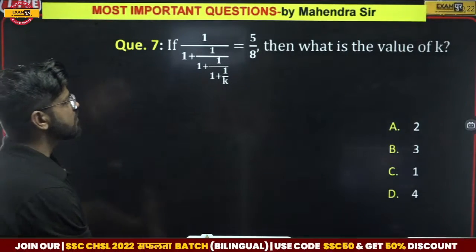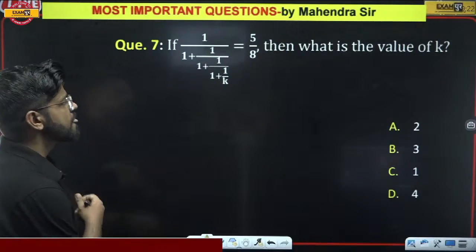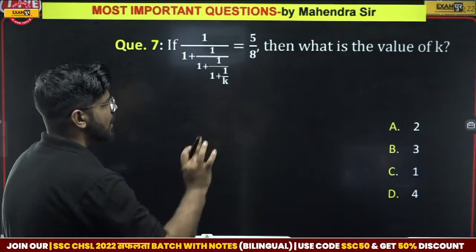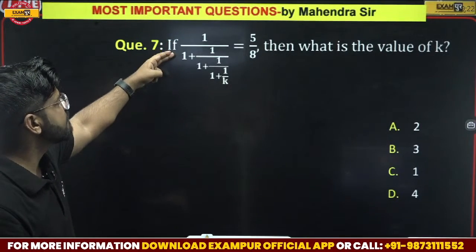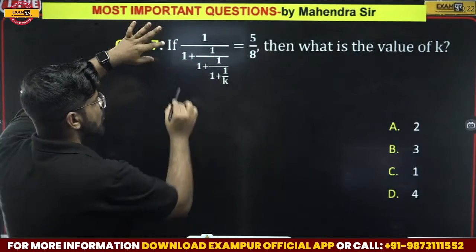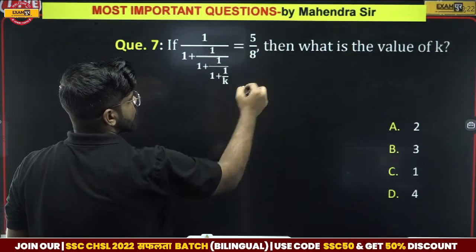Now we have to solve this and find this k. It is very simple. Just find out how many times 1 is in the plus. So 1 by 1 by 1 by 1 plus k.